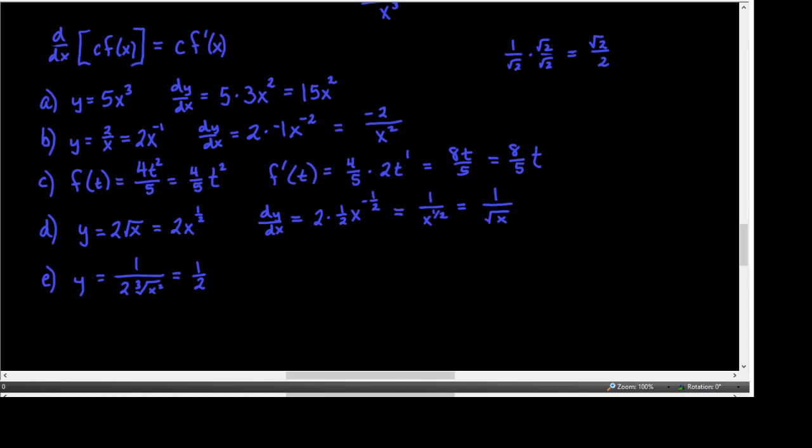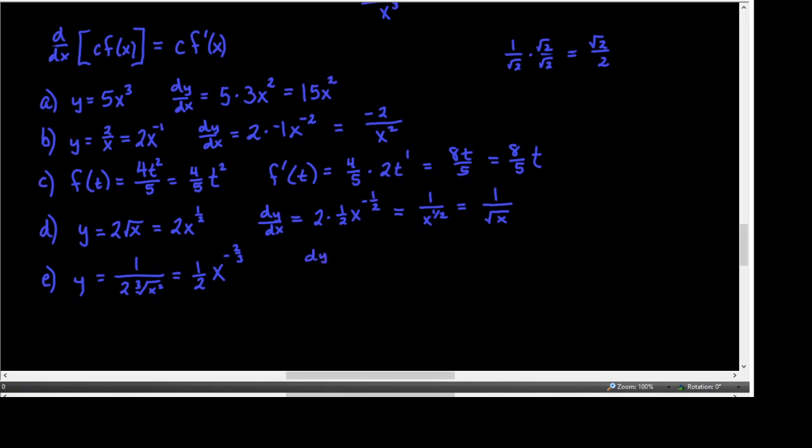Then the power of x that I'm going to have, I'm going to have to introduce a negative to take it out of the denominator. And the power that we'll get when we have cube root of x squared is a power of 2/3. And of course it's negative because we're taking it out of the denominator. So that's x to the negative 2/3.